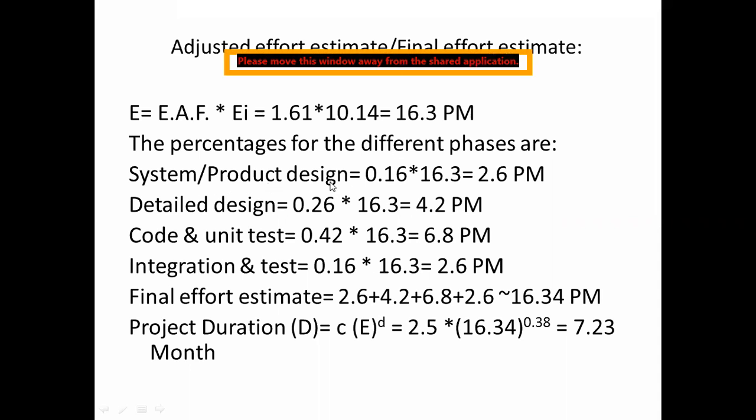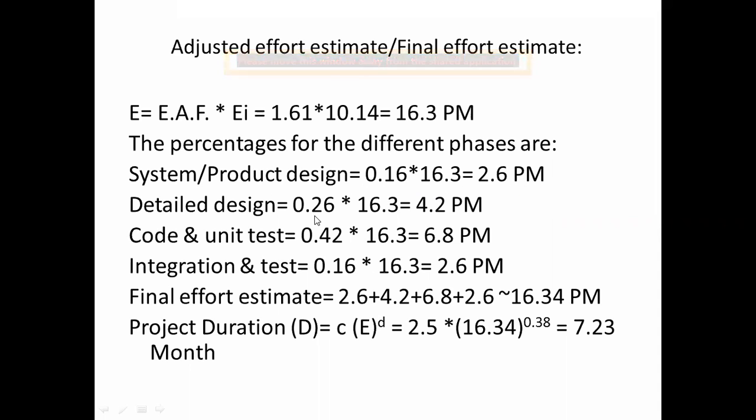Against this phase, it is given in the table 16. The value provided in the table is 16 into 16.3, and because you are taking the percentage, then divided by 100, means 0.16.